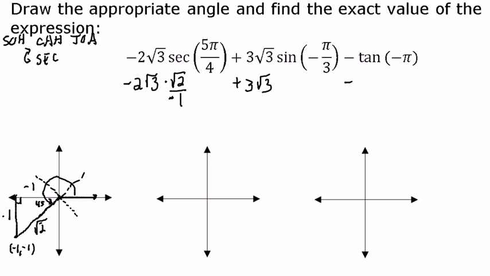Now we move on to the next trigonometric function value. So sine of negative pi over 3, negative pi over 3 times 180 degrees over pi. That's negative 60 degrees, so I'll draw a negative 60 degree angle.